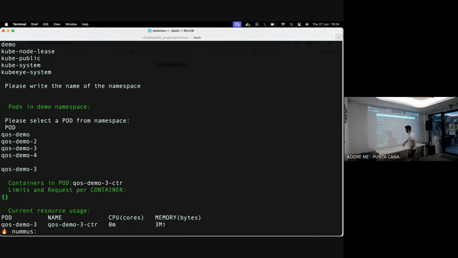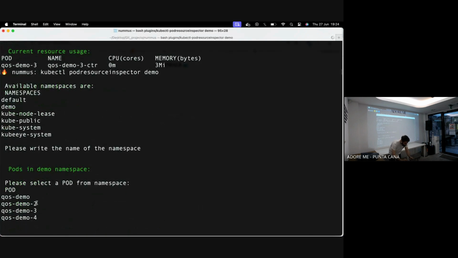We can see here that we have one container in our pod, which is an Nginx, and it doesn't have limits and requests. And this one, if you remember, is the burstable one, right? Sorry? Isn't this one the best effort? Sorry. Yes, thank you. Also, we can take a look, for example, at demo 2. What does it have?